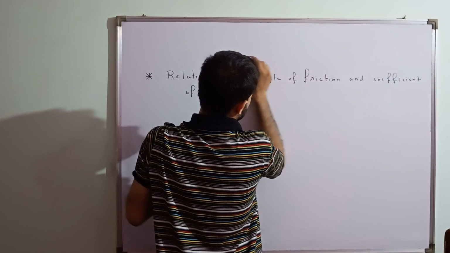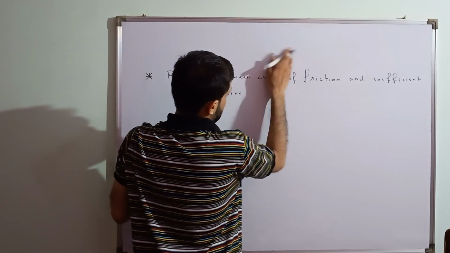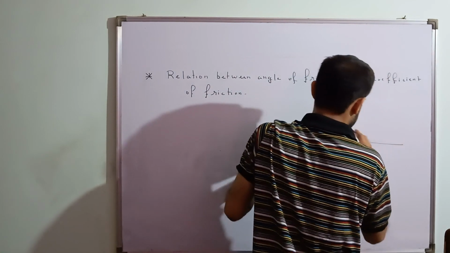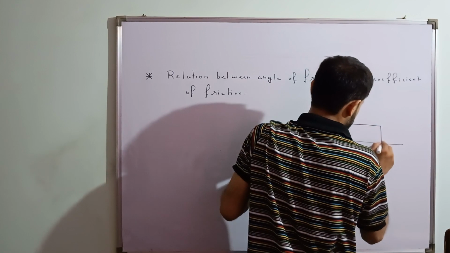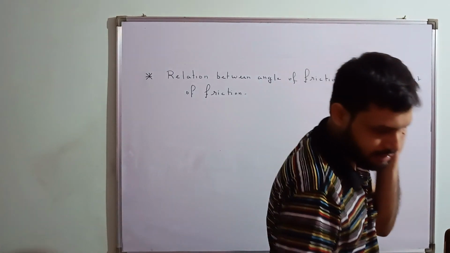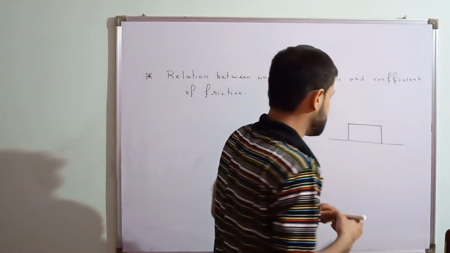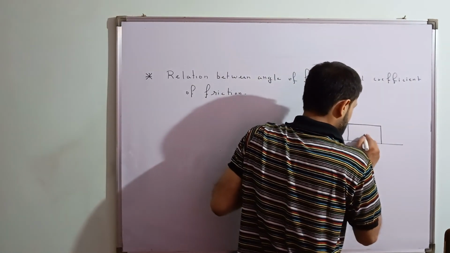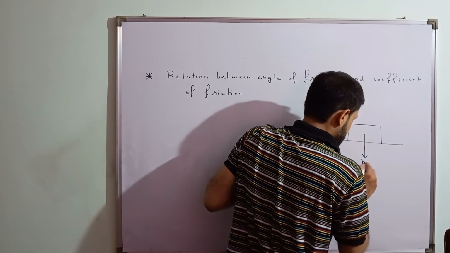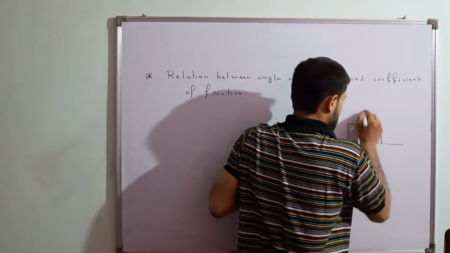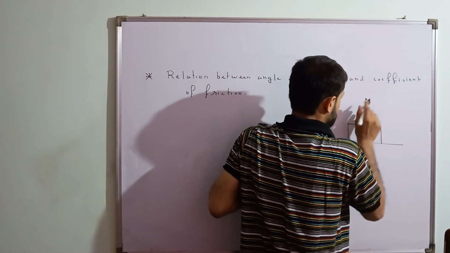What is the angle of friction? Let's say if an object is kept over here like this, what will be the angle of friction? The angle of friction will be this angle. Let's say the mass of this object is m, it will be mg. It is the normal reaction.